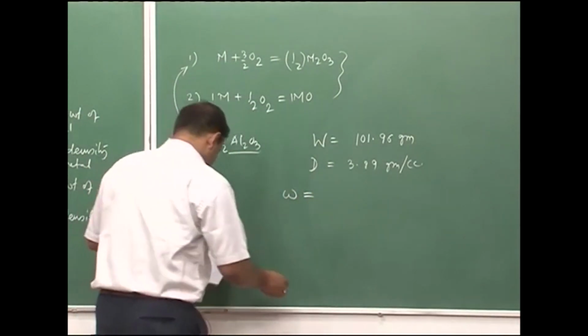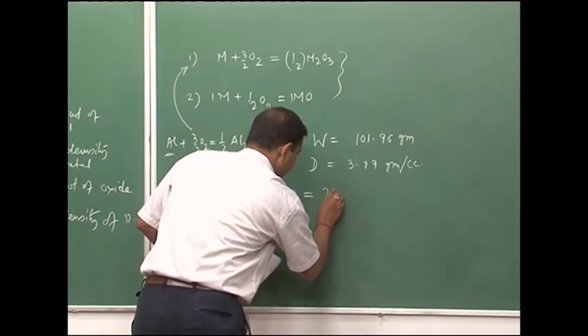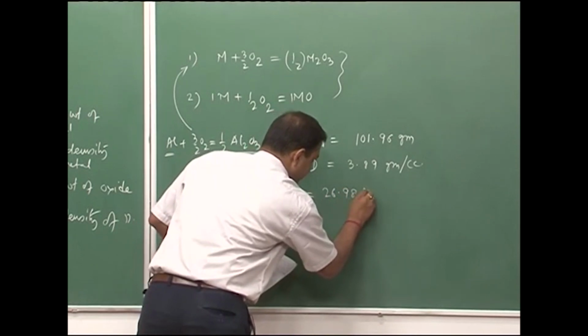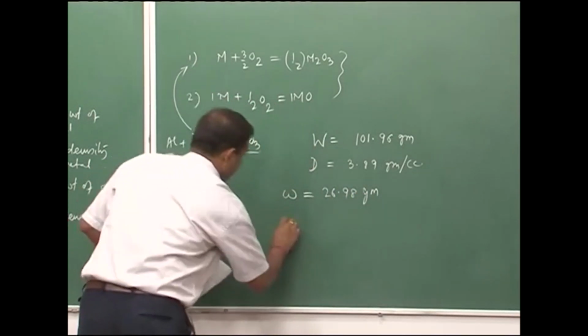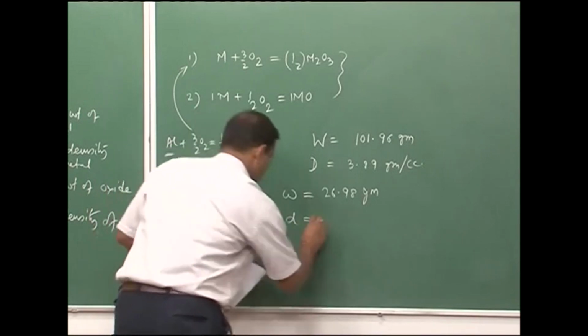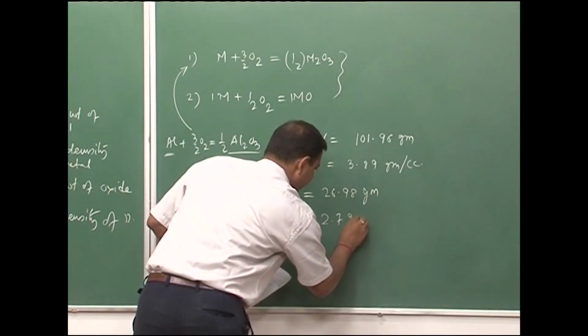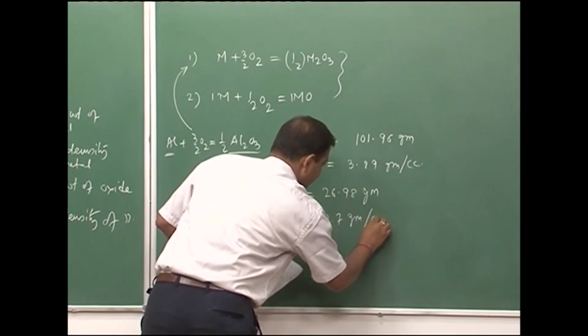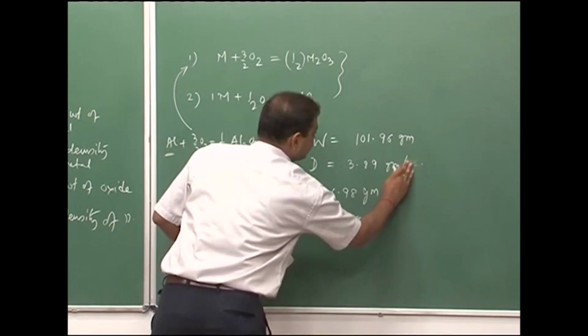Again we can determine the small w, which is 26.98 gram, and small d is 2.7 gram per centimeter cube.